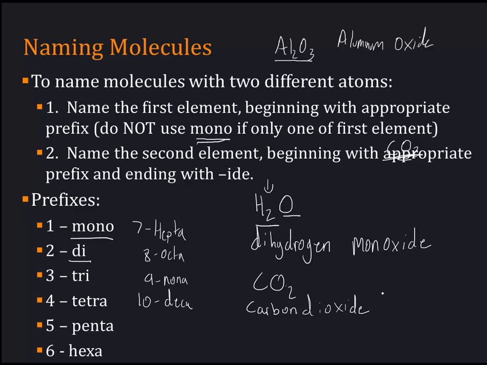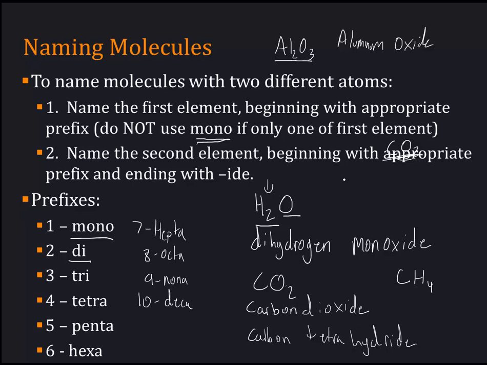Methane has the chemical formula CH4, so that would be carbon tetra, because there's 4, and then hydrogen, but remember, change that ending to IDE, carbon tetrahydride. So you can actually decode the name of a molecule to figure out what it is.